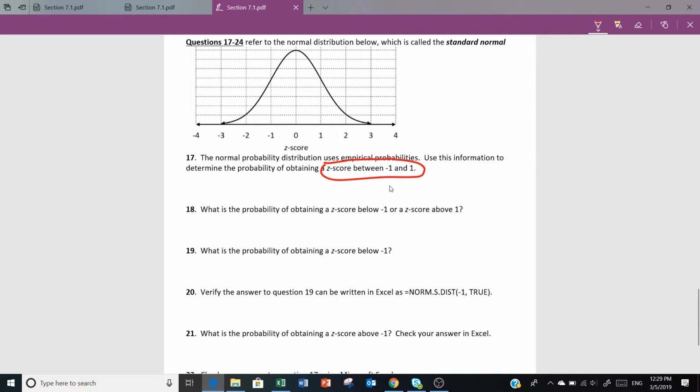It says true and false, probability density. So I think the way you do it is just logically subtracting, because all of this adds up to 1. So we know that below negative 1, this all rounds to 0.16, so this is all rounded to 0.8. I have a question, please.